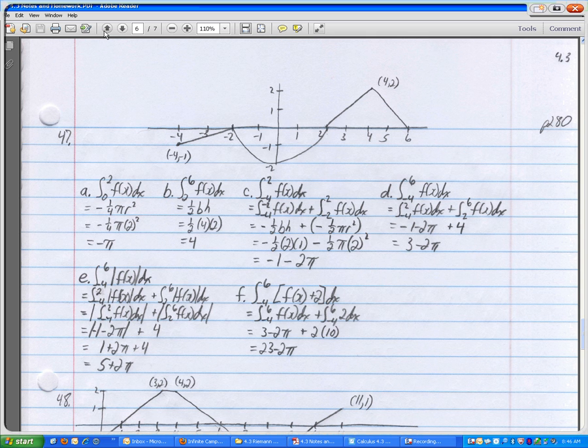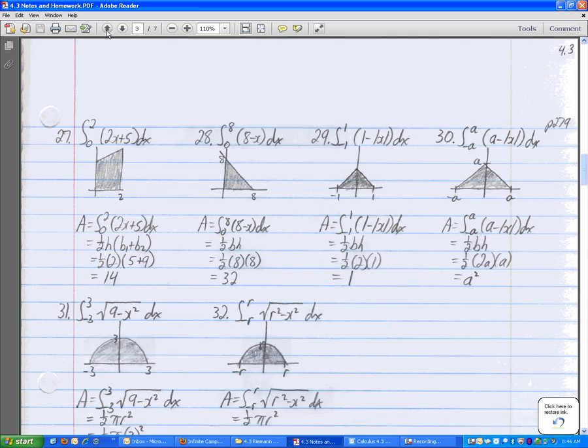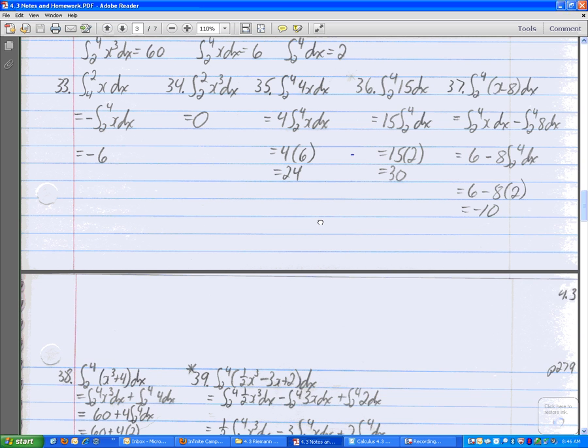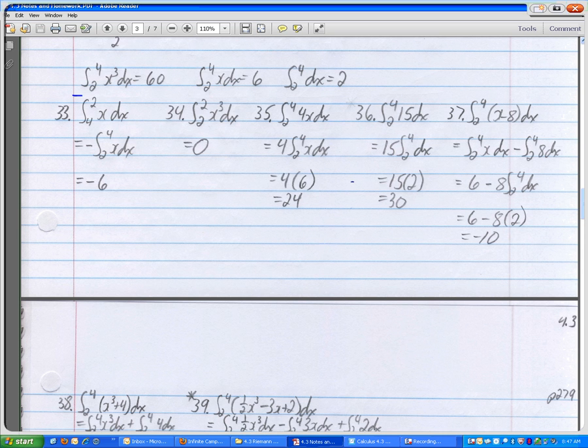37. All right, on 37, we're given that the integral from 0 to 4 of x cubed dx is 60. The integral from 2 to 4 of x dx is 6. The integral from 2 to 4 of dx is 2.